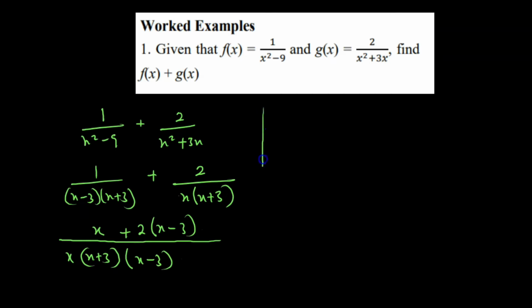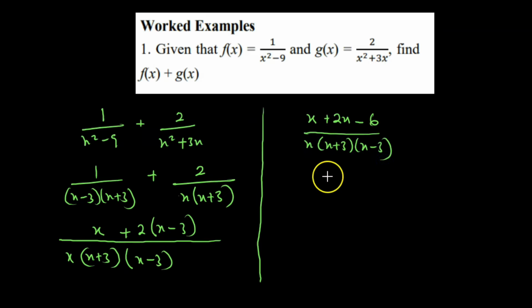So, going further, we can expand and simplify the numerator. We get x plus 2x minus 6, all on x into bracket x plus 3 multiplying x minus 3.